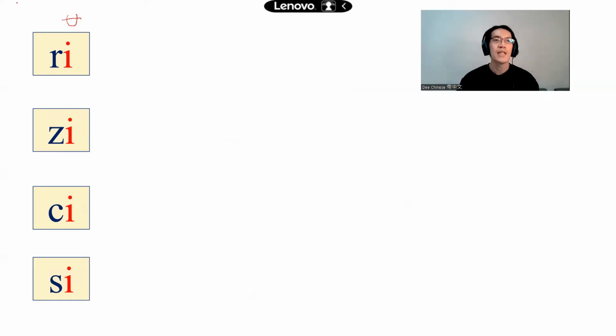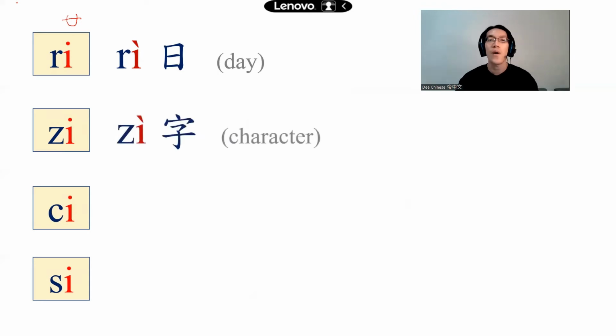So let's take a look. The first one, 日. 日 means day. And the next is 字. 字 means character. And the next one, 子. 子 means child.